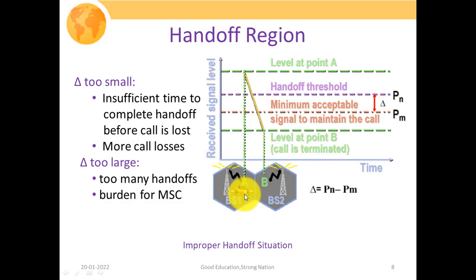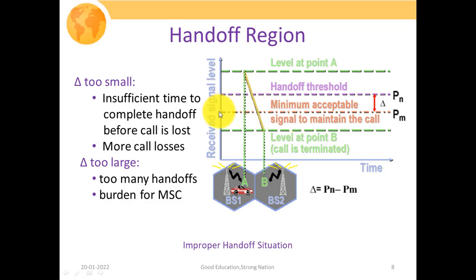So as we have already discussed, let us say that the user is located at this particular point A, and this is the received signal strength level at point A, and it is connected with base station 1. So this point is showing its received signal strength at position A, and as it is moving from A to B, its received signal strength is gradually falling.